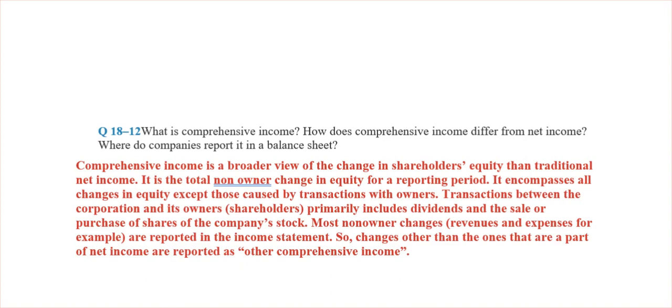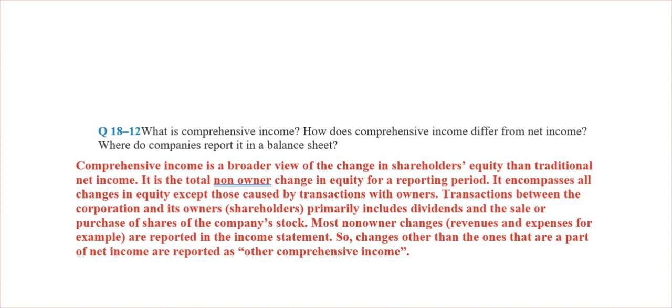So you have net income, you have the OCI items, and then you go down to comprehensive income. And this comprehensive income is the total non-owner change in equity for a reporting period. So non-owner means anything that doesn't involve preferred shares or common shares, and it encompasses all changes in equity except those that are caused by transactions with owners.